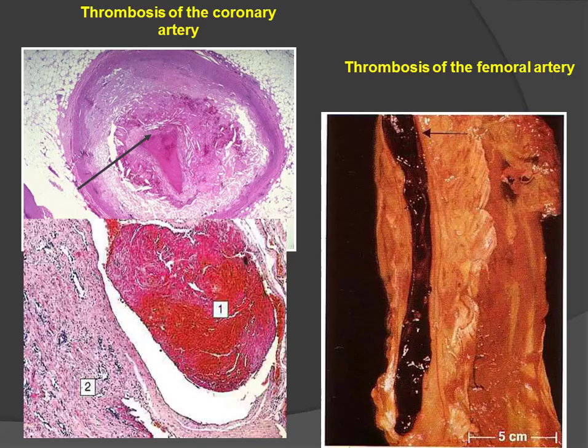Mixed thrombi consist of the head, which is a white thrombus attached to the vascular wall, the body, a mixed thrombus, and the tail, the red thrombus.